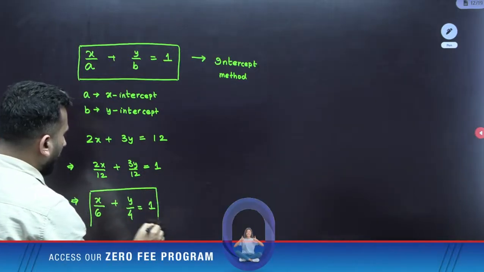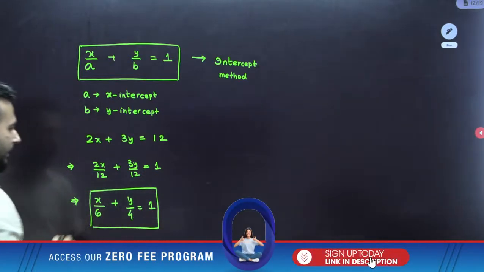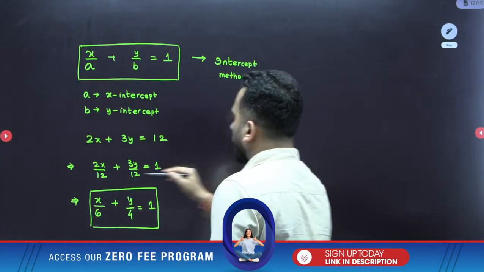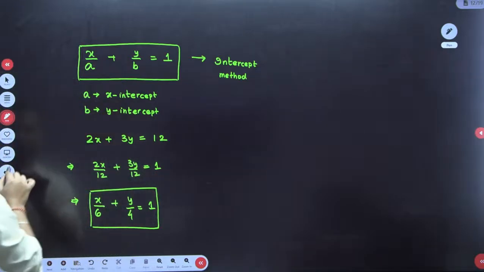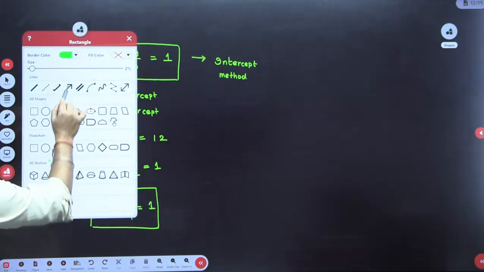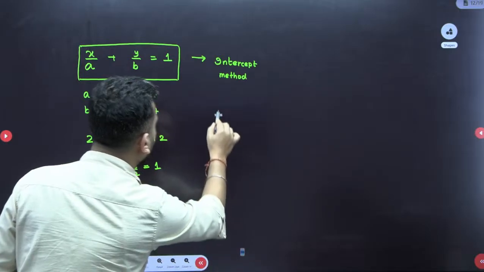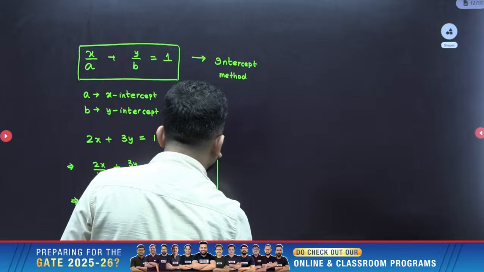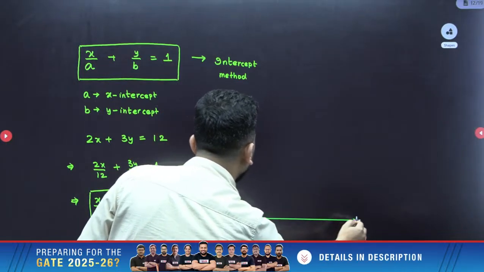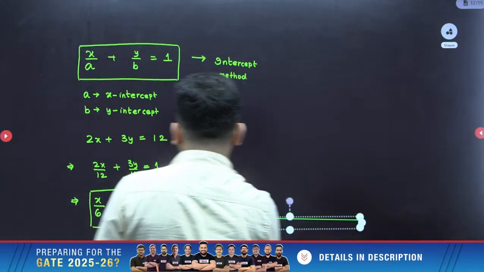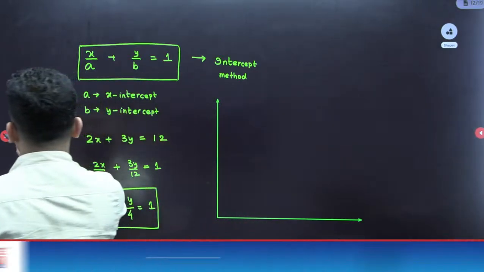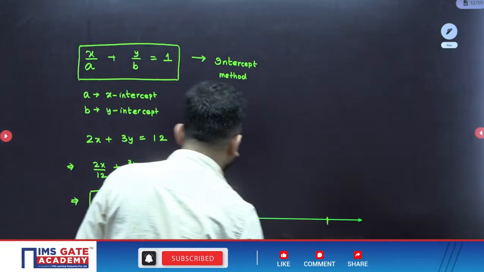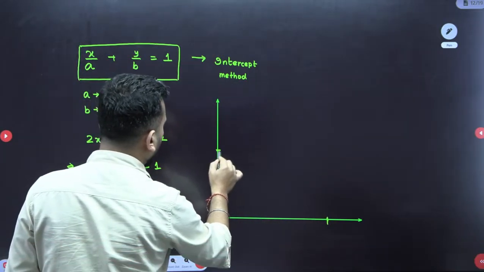So what is the x-intercept? The x-intercept is 6, the y-intercept is 4. So if I try to plot it, the x-intercept is 6, which will come roughly around here, and 4 will come roughly around here.